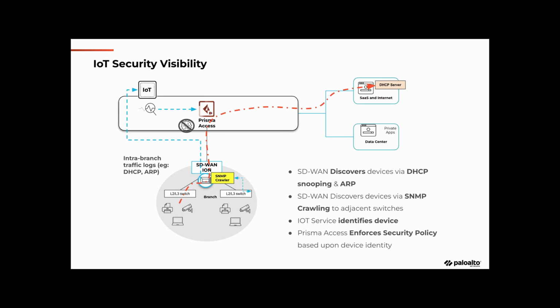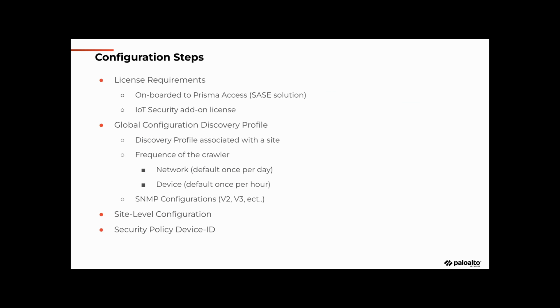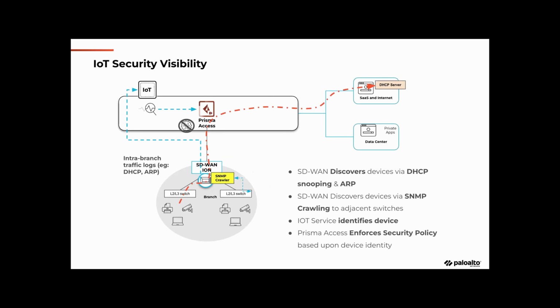With the IoT security visibility capability built into SD-WAN, we now have the ability, just like NGFWs, to discover devices. We've had this for a couple of releases now and are continuing to enhance it with enforcement in the latest 6.5 release. So here, sorry Graham, go back, what we're describing is just the discovery process that the ION goes through to discover all these IoT devices.